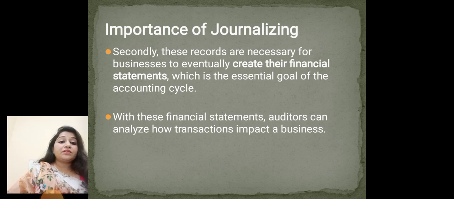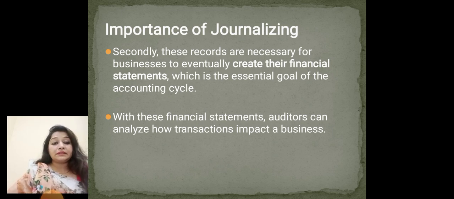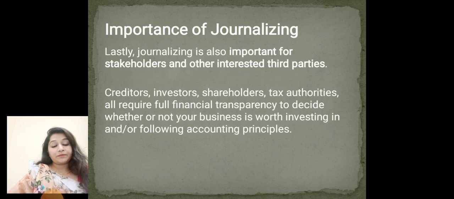Secondly, these records are necessary for businesses to eventually create their financial statements, which is the essential goal of the accounting cycle. With these financial statements, auditors can analyze how transactions impact the business.